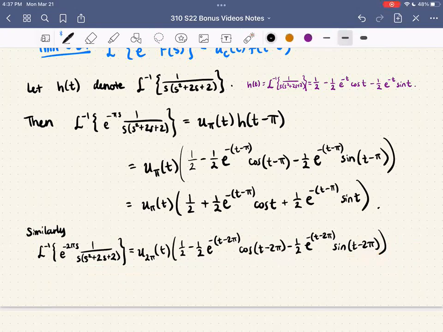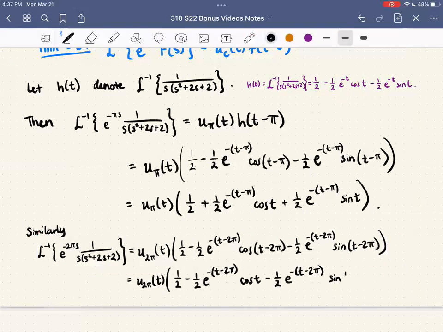I can replace this with sine. So really, I've got u sub 2 pi of t times a half minus a half e to the negative t minus 2 pi times cosine of t minus a half e to the negative t minus 2 pi sine of t.